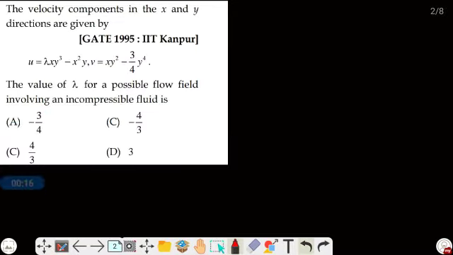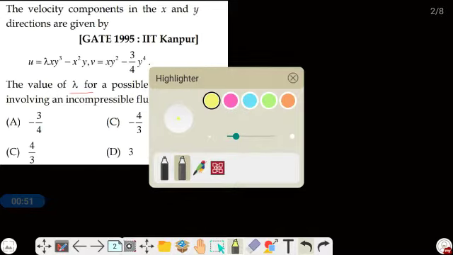The first question: the velocity components in the x and y directions are given by u = λ(xy³ − x²y) and v = xy² − (3/4)y⁴. Find the value of λ for a possible flow field involving incompressible fluid flow.